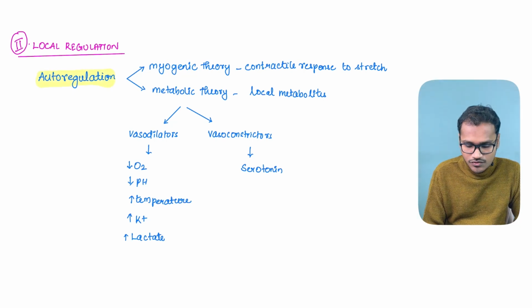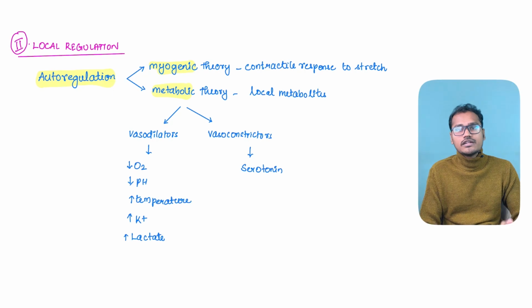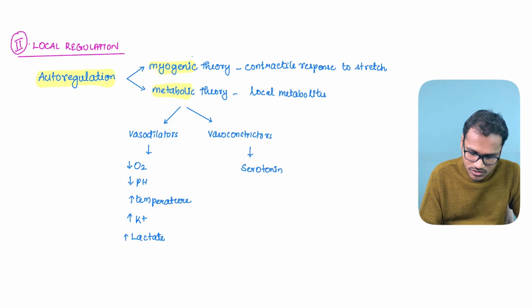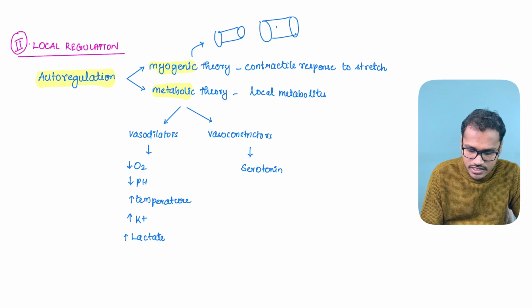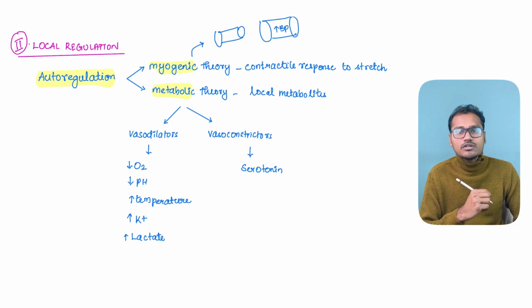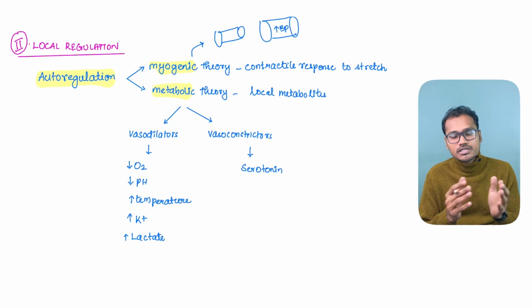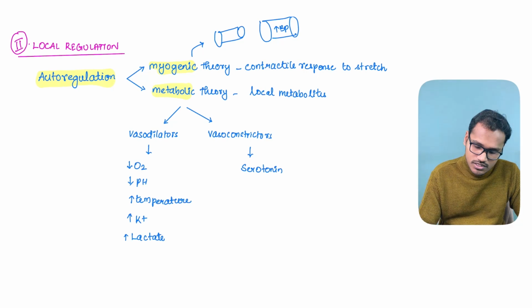There are two theories for it: one is the myogenic theory, and the other is the metabolic theory. What is the myogenic theory? Whenever the blood vessel becomes stretched too much because of the increased pressure, suppose the blood vessel is stretched too much because of the increase in BP, we don't want that to happen. So the blood vessel will contract again, push the blood, and decrease the BP.